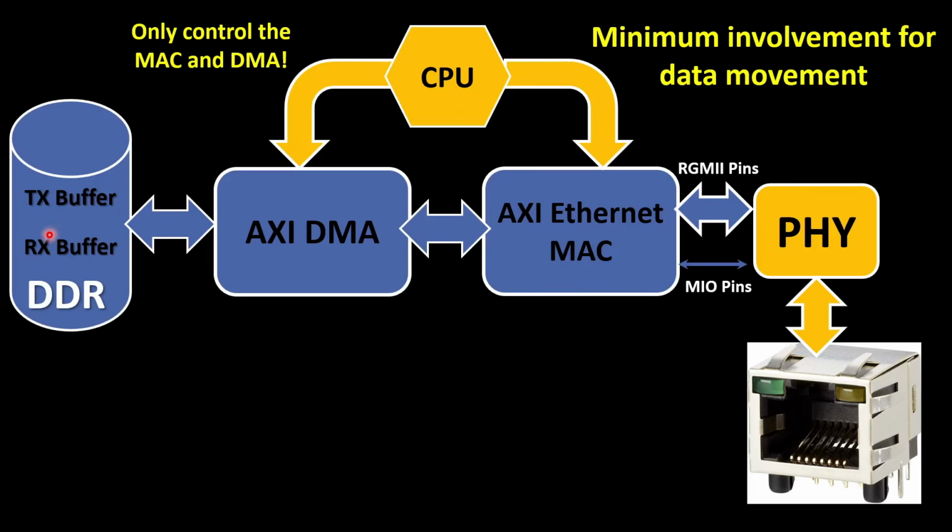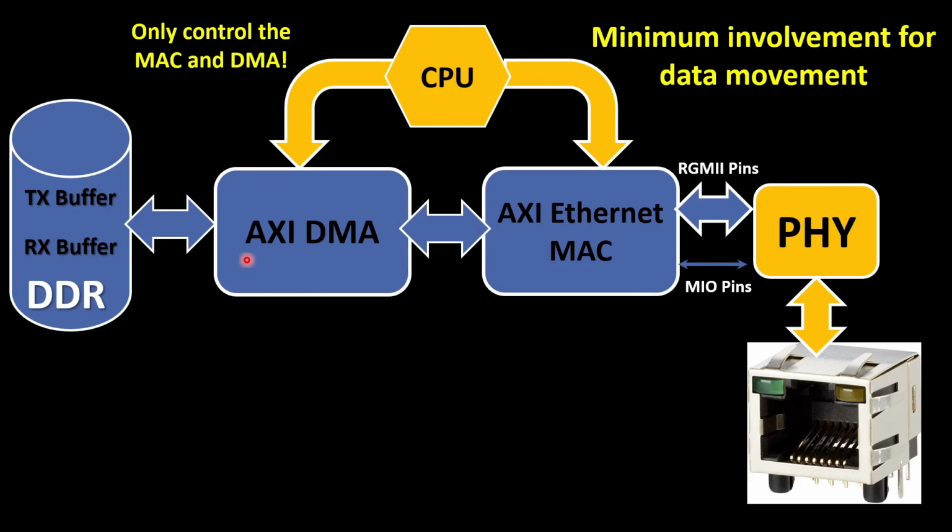Let's look at our buffered data in more detail. So again, we have TX buffer that we want to send over the AXI Gigabit Ethernet to the host machine. And we also have an RX buffer where our target is to receive the data and write them into this RX buffer. So we don't want the CPU to be involved and send the data one by one from the DDR memory to the AXI Ethernet.